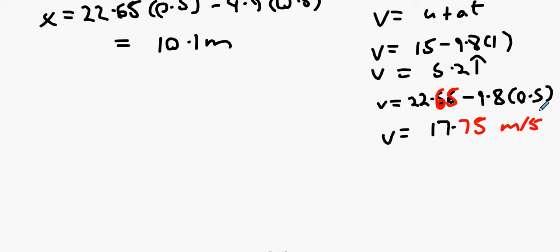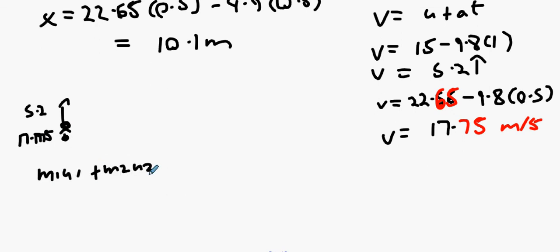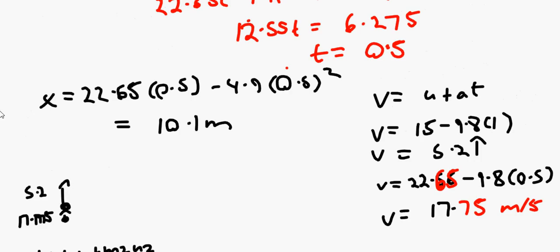Now, you've got to show yourself a bit of a picture here, okay? What happens is one of them is on its way up with 5.2. The other one collides directly in behind it at 17.75. Okay, so by our logic, M1U1 plus M2U2. What's the mass of the first one?